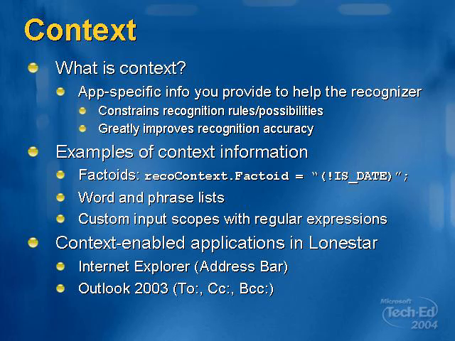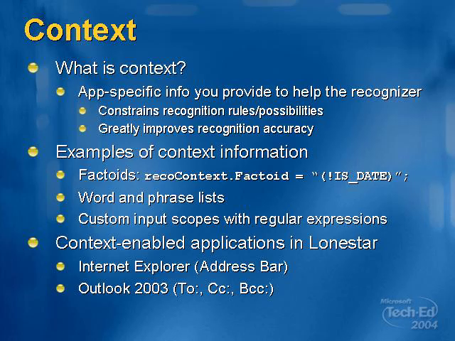Context is application-specific information that you provide to the recognizers when you pass the ink into the recognizer, to provide hints or constraints around what the possible values it should return are. For example, if the field that you're entering text into is a URL field, then you can bias the recognizer to return properly formatted valid URLs, so it won't put spaces after periods, for example.